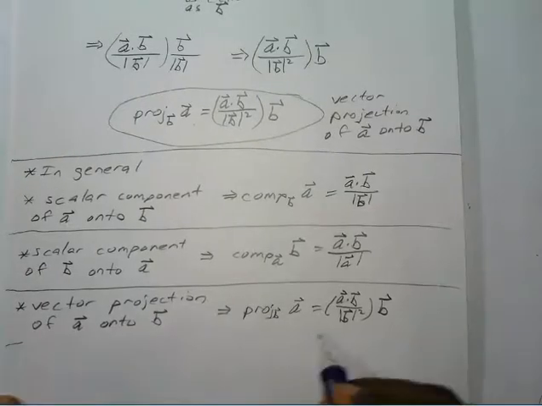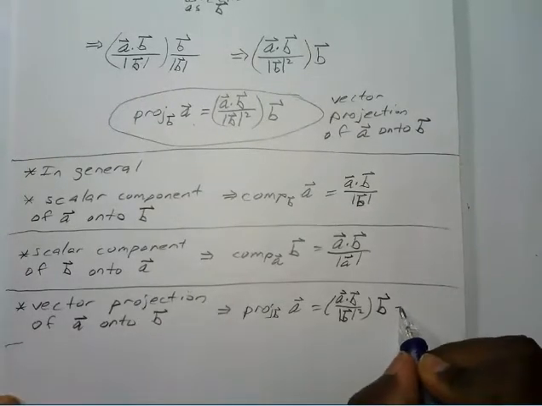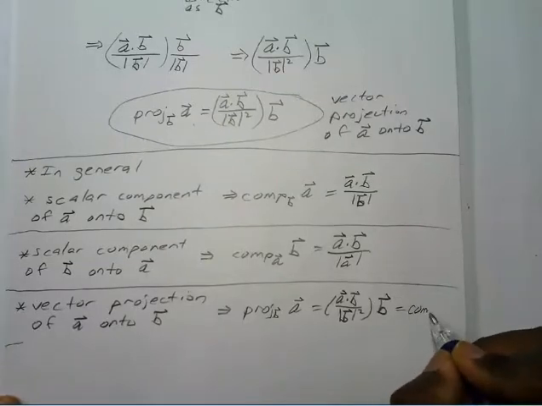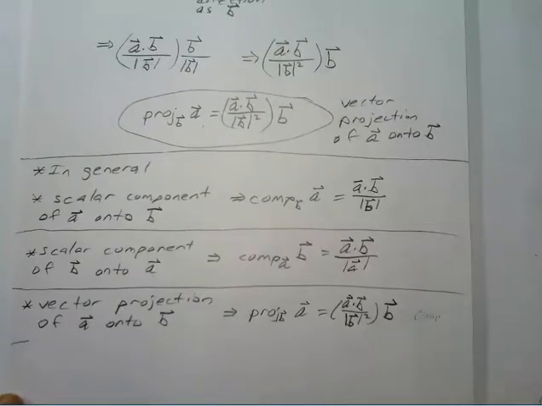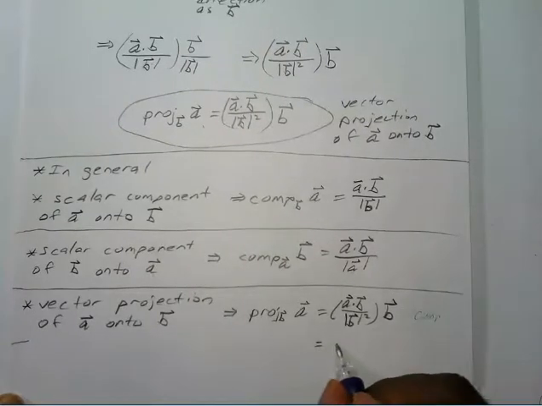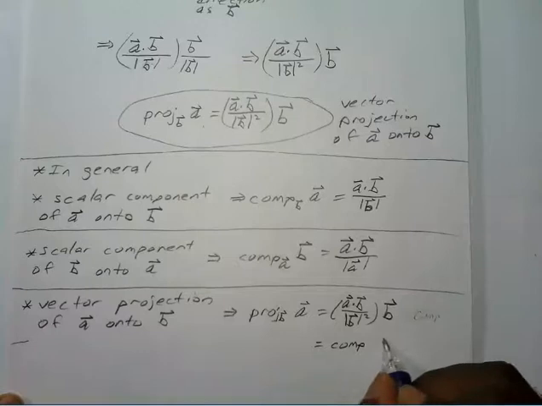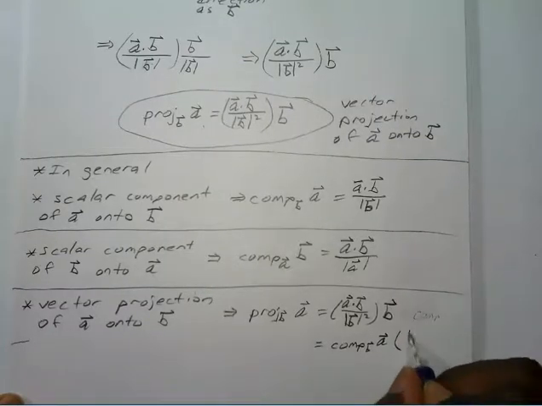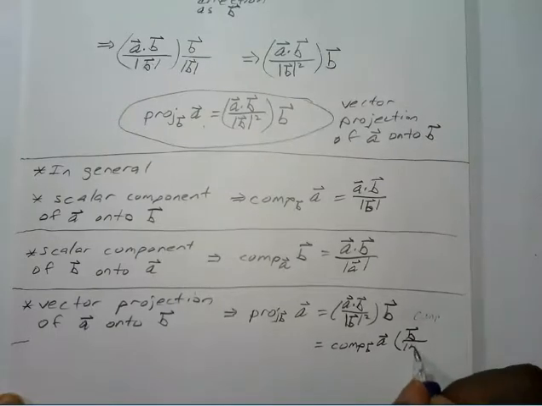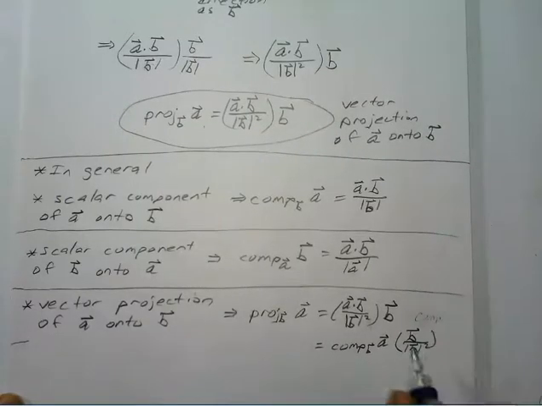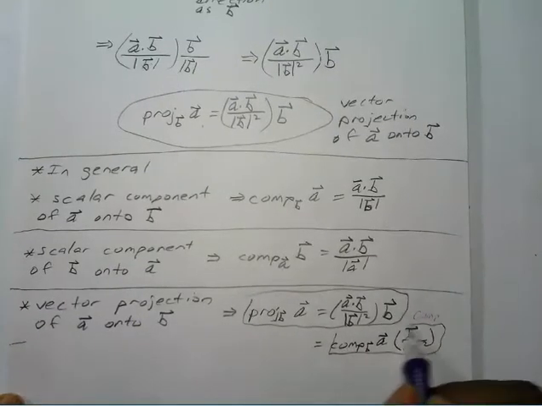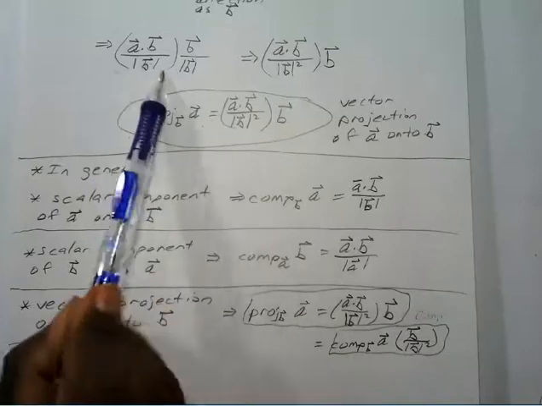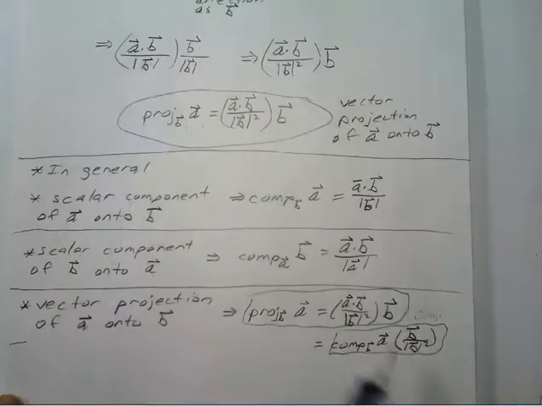Or you can put it this way, the scalar component of A onto B times the B vector divided by the magnitude of the B vector. I'll put that underneath since I'm running out of room here. Okay, so you can use either one of those, because really this version down here is just that.